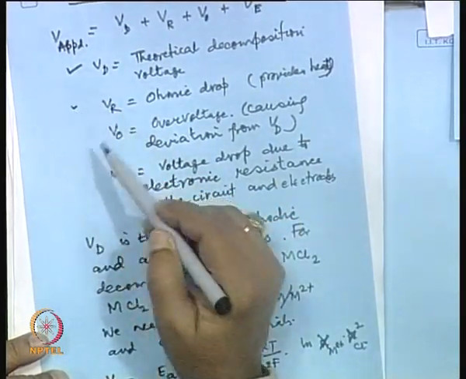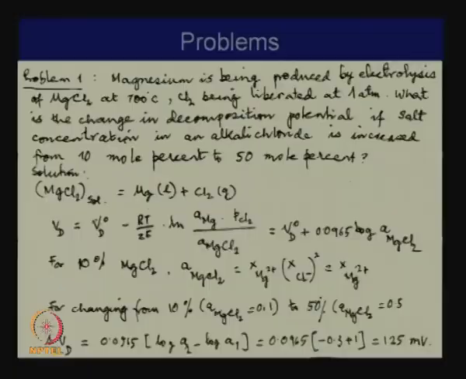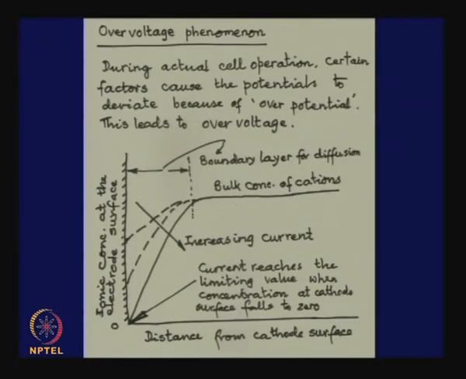Then there is the overvoltage phenomenon. You will remember that I discussed that there are concentration gradients near an electrode surface, because while the cations are coming and depositing, as the current increases, the concentration profile near the electrode surface changes. So, the metal ion concentration voltage changes. If initially there was a certain amount, this was the concentration of metal ion.